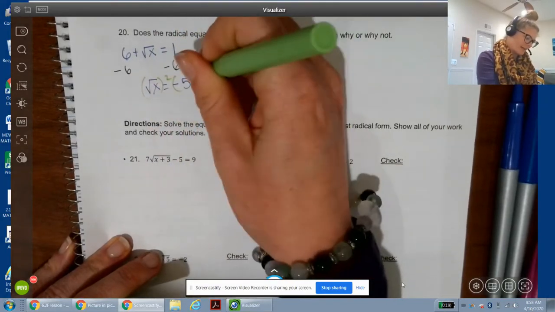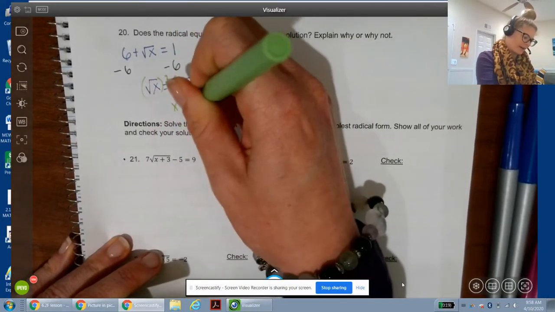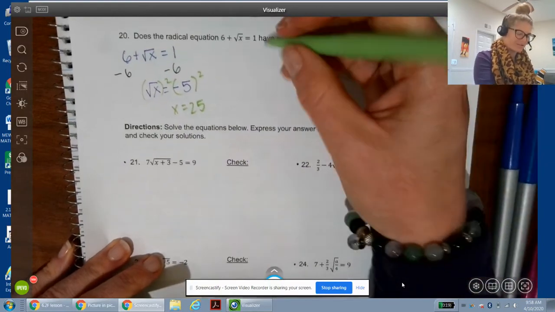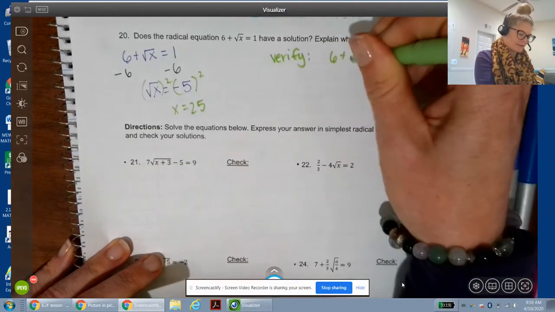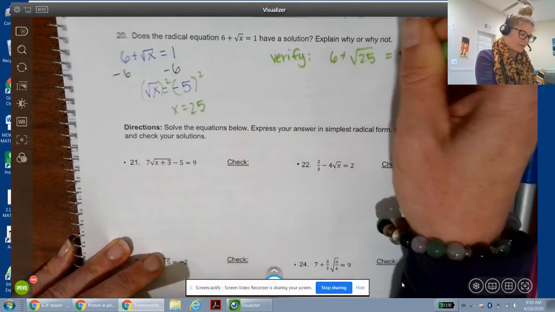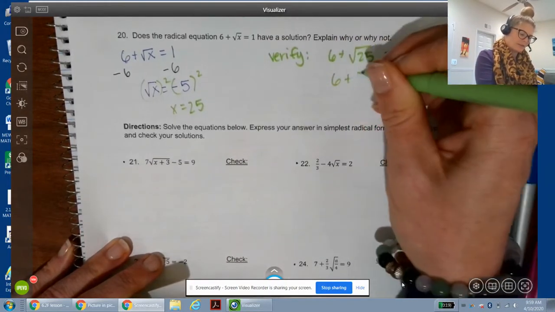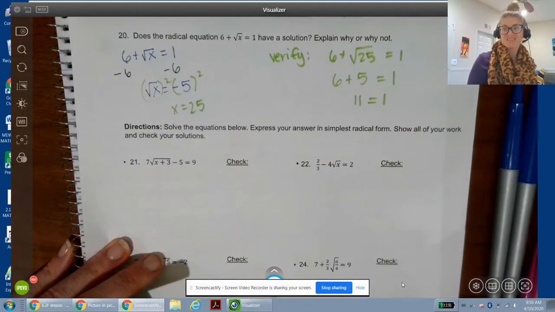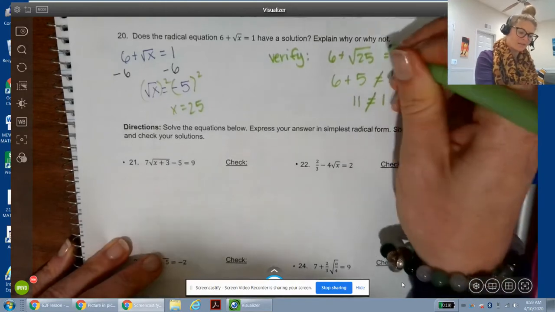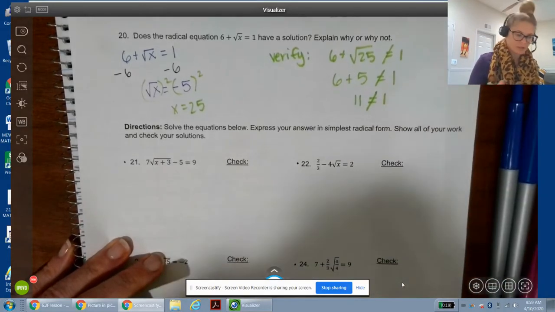If I square both sides and I get x equal to 25, if I went to verify, 6 plus the square root of 25 is equal to 1. I get 6 plus 5 is equal to 1, and 11 equals 1. False statement.